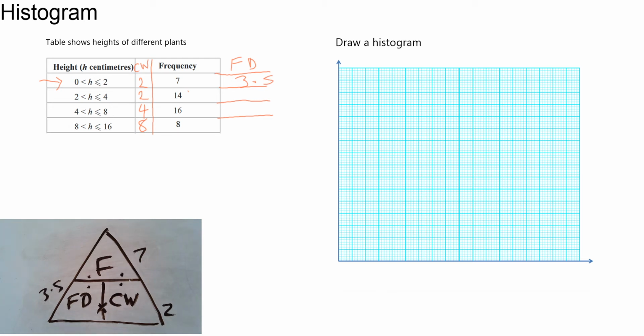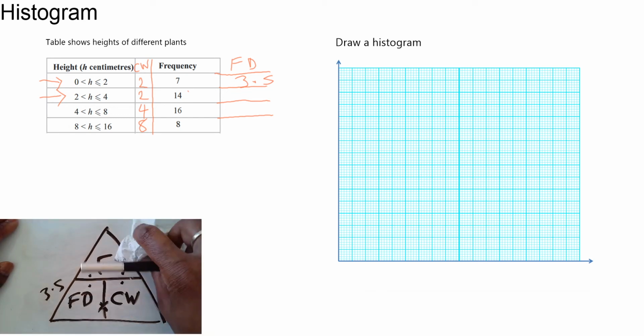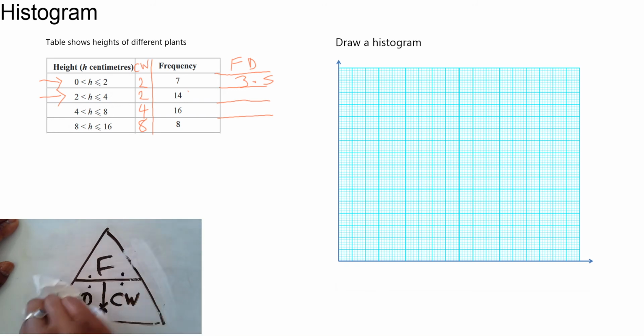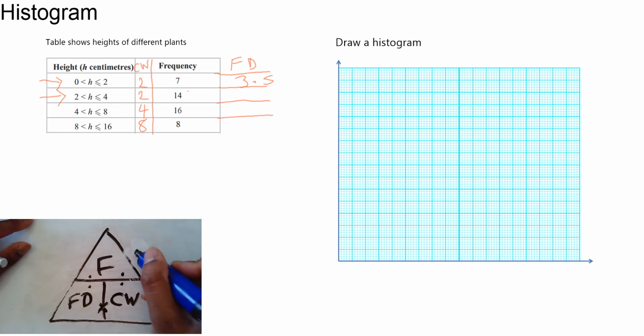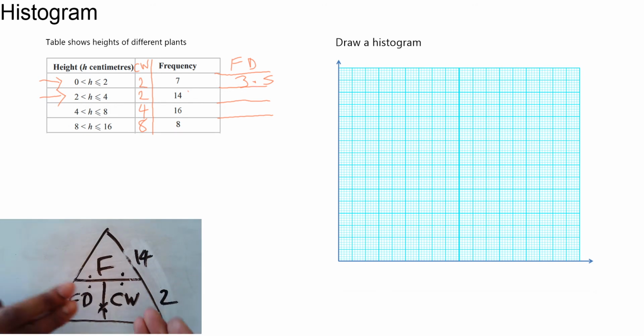Next one. We've got a frequency of 14 and a class width of 2. If you look at the screen on the left-hand side, we've got 14 for the frequency, class width 2. So 14 divided by 2 is 7. So the frequency density is 7.